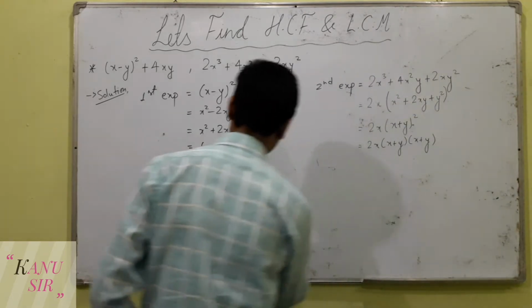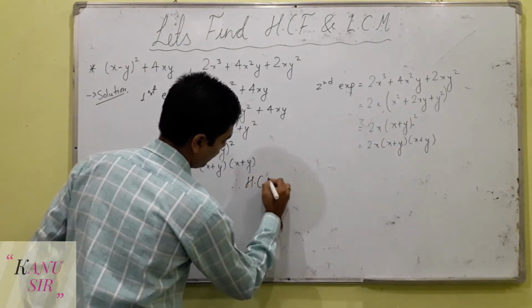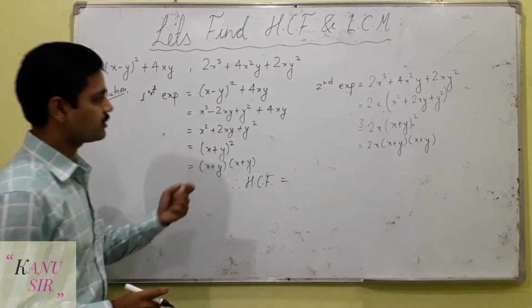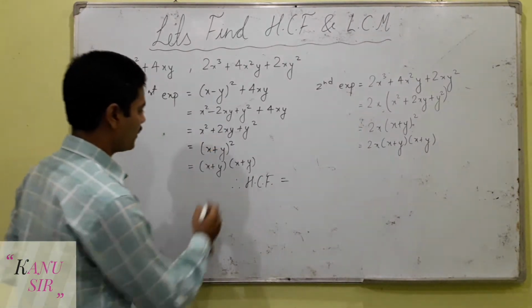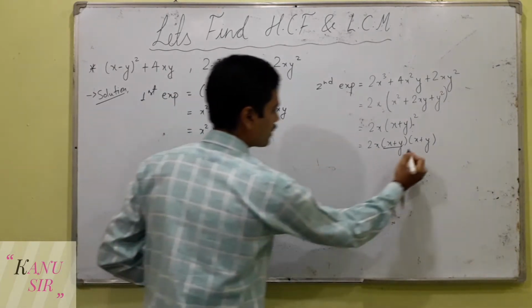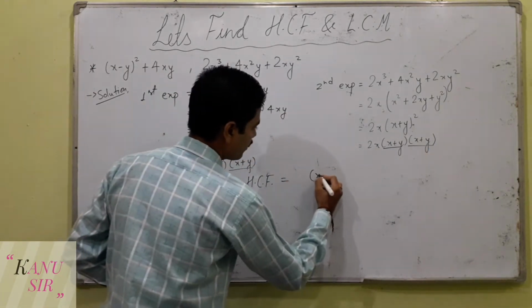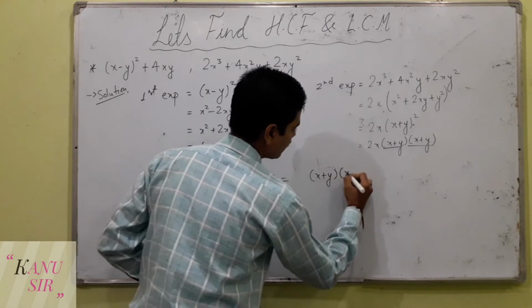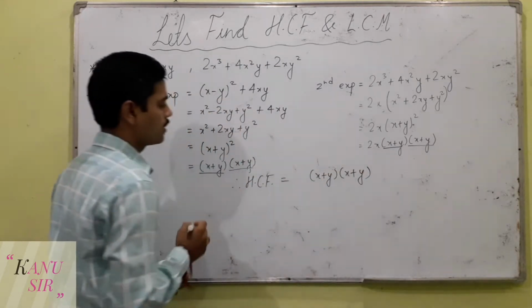Now while finding the HCF, you have to check what is common in both expressions, that is x plus y is common and one more x plus y is common. So we'll be writing both x plus y and x plus y.